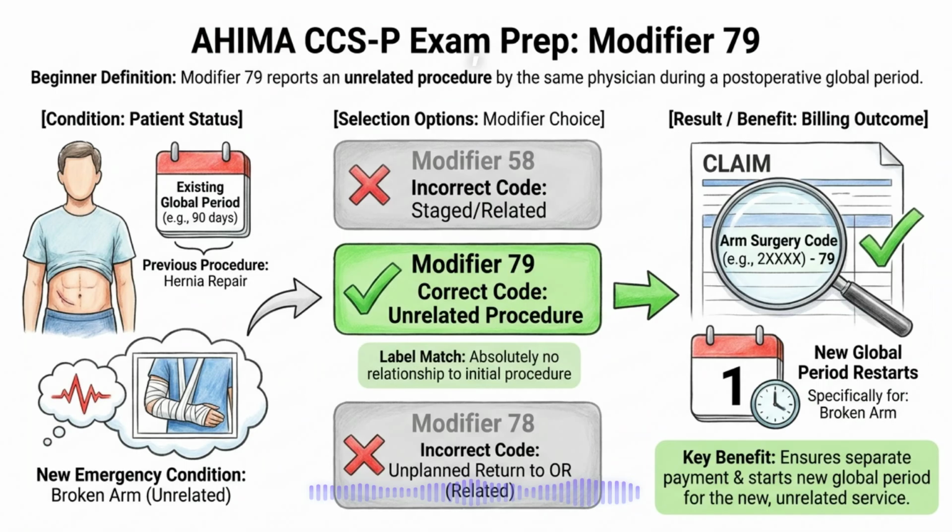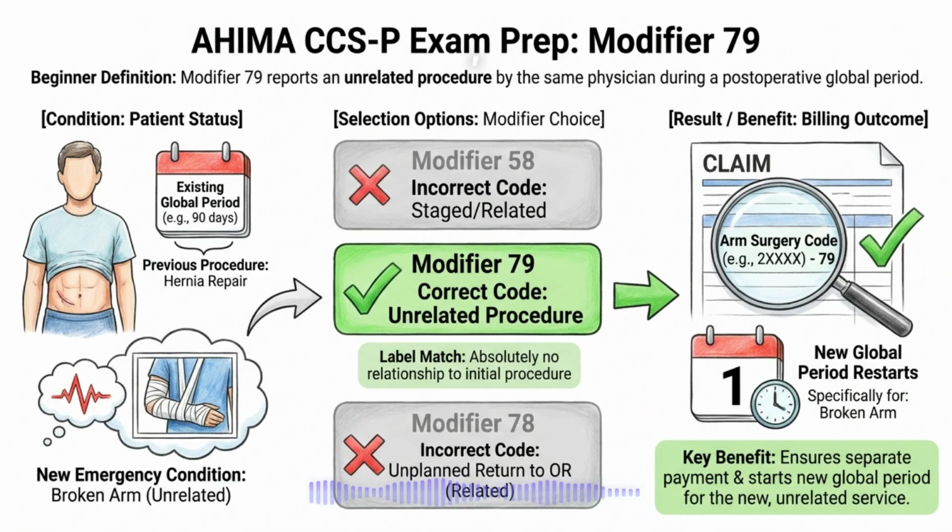In contrast, Modifier 79 is used when a patient returns to the operating room during a global period for a completely unrelated procedure. Imagine a patient who recently had a hernia repair and is still in their global period, but suddenly breaks their arm and needs emergency surgery to fix the bone.